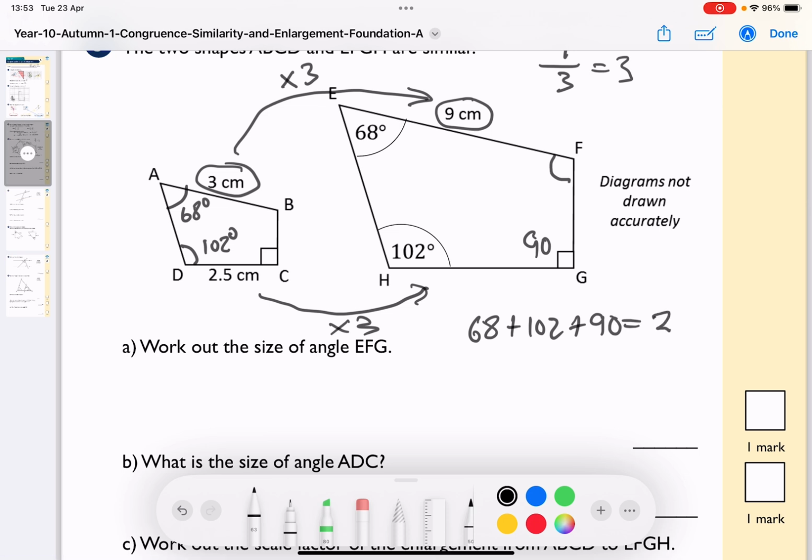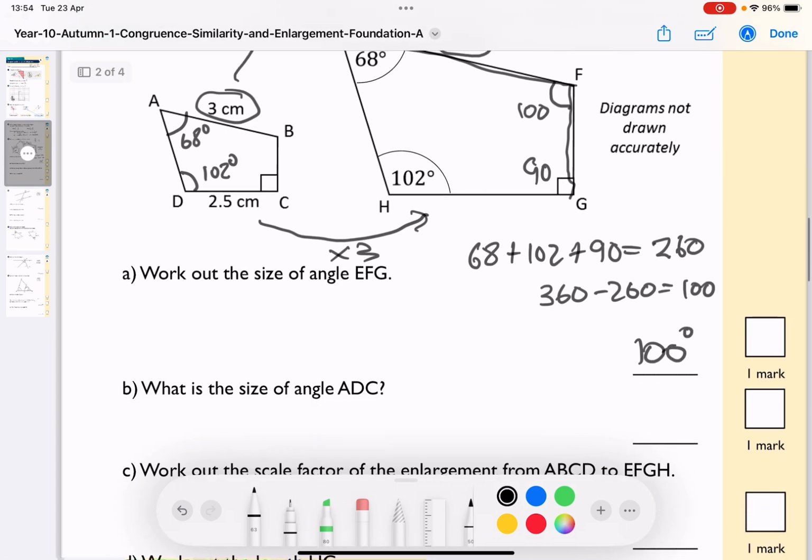That gives me 260. I know that 360 take 260 equals 100. So in this case, EFG is 100. And remember, E to F, F to G, that is 100 degrees.